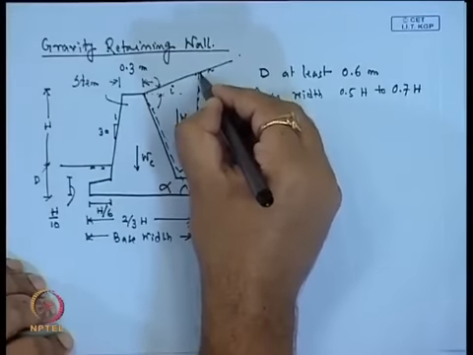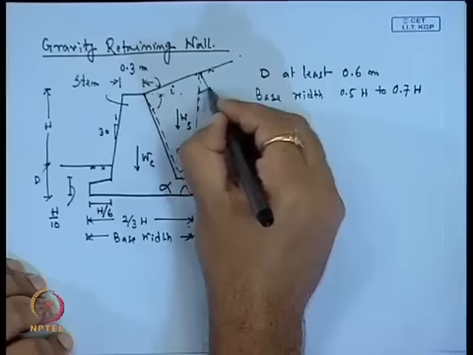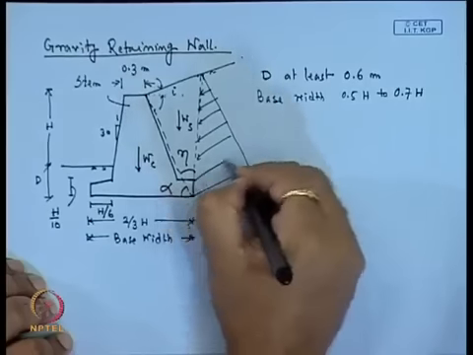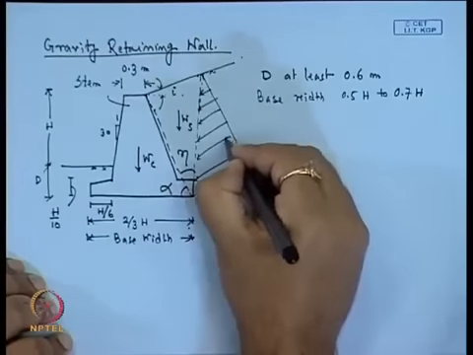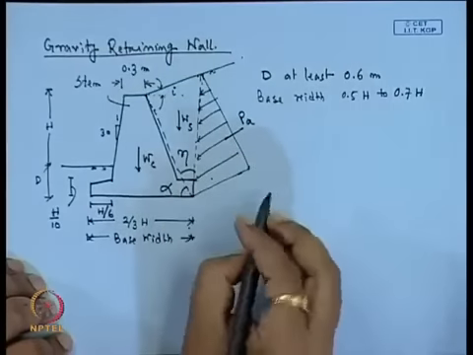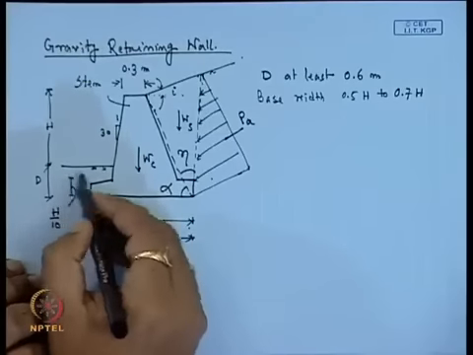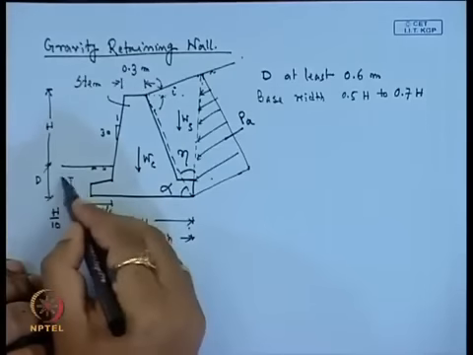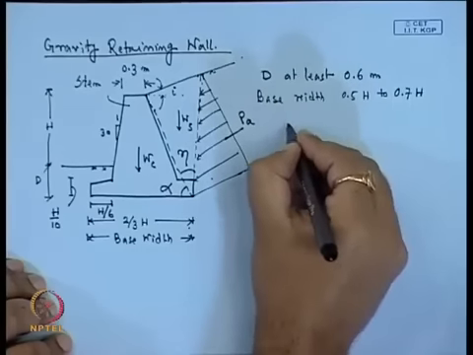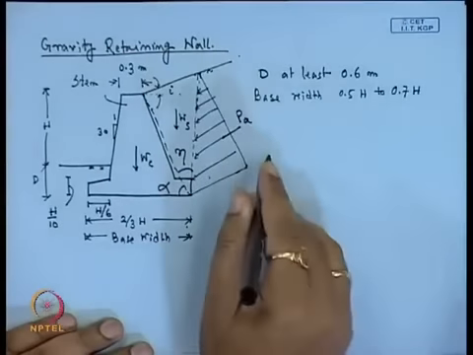If I consider this earth pressure diagram, this will act as P A for this soil, and here the passive earth pressure also acts. This is the active earth pressure. If we neglect this passive earth pressure, this earth pressure can be calculated by either Rankine's formula or Coulomb's theory.